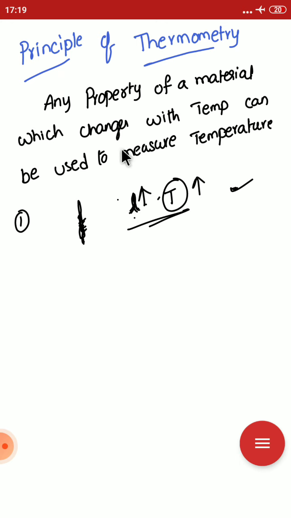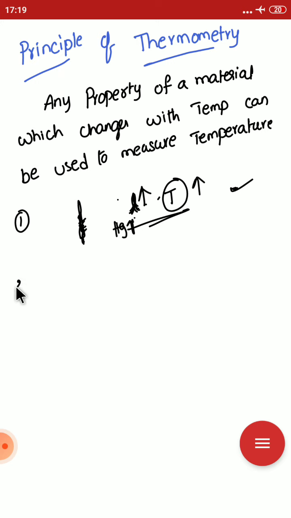So this is the basic principle we understand: any property of the material which changes with the temperature can be used to indicate or measure a temperature. Mercury expands in length corresponding to the temperature, so it is used as a thermometer.